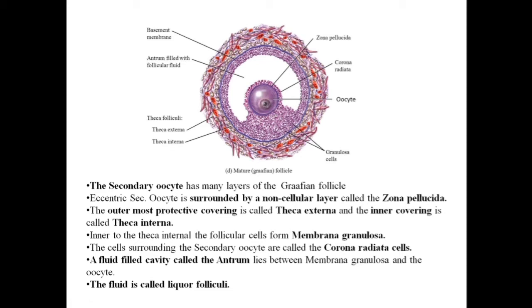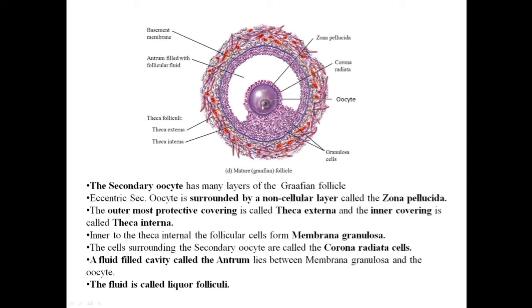The outermost layer is the protective layer, called theca externa, and inner to theca externa there is a layer called theca interna. Inner to theca interna, the follicular cells form the membrana granulosa.